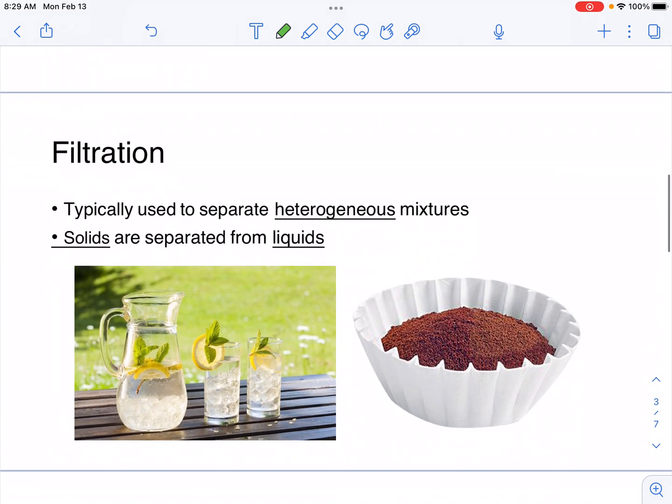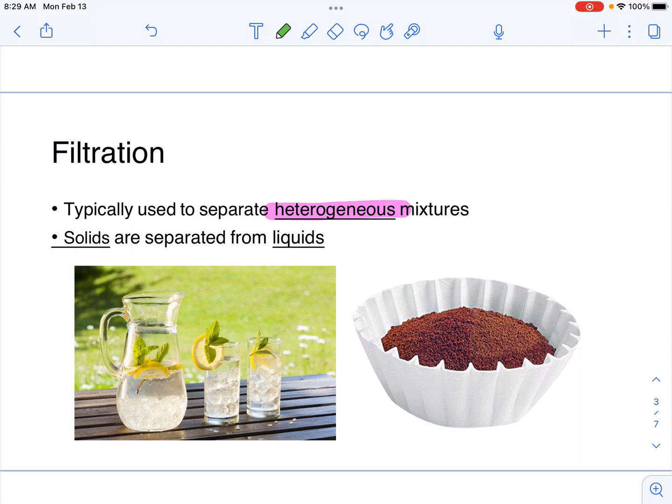So our first one, filtration, is typically used to separate heterogeneous mixtures, right? So again, things that I can see. If I have solids separated from liquids, this is typically really, really helpful here. So for example, we used black coffee as an example, but let's say that all of the coffee grounds went through and I wanted to recover those from my black coffee, I could use a coffee filter to separate the coffee back out from that mixture.